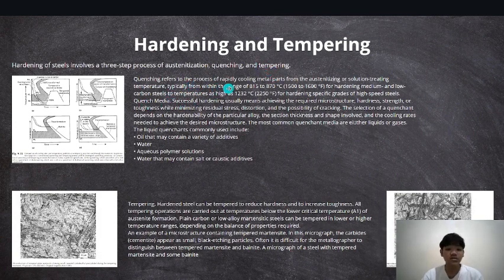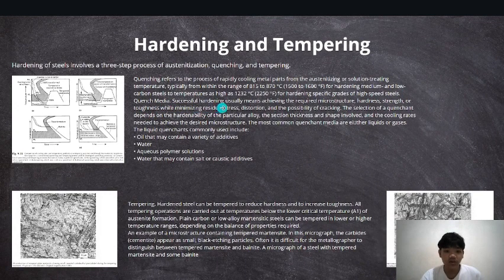Quenching refers to the process of rapidly cooling metal parts from the austenitizing or solution treating temperature, typically from within the range of 815 to 870 degrees Celsius for hardening medium and low carbon steels, with temperatures as high as 1232 degrees C for hardening specific grades of high-speed steels.